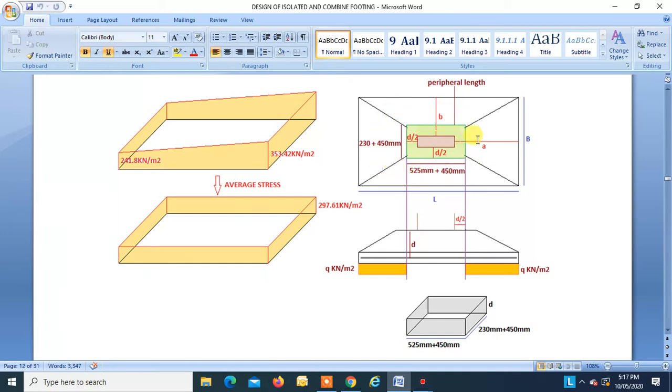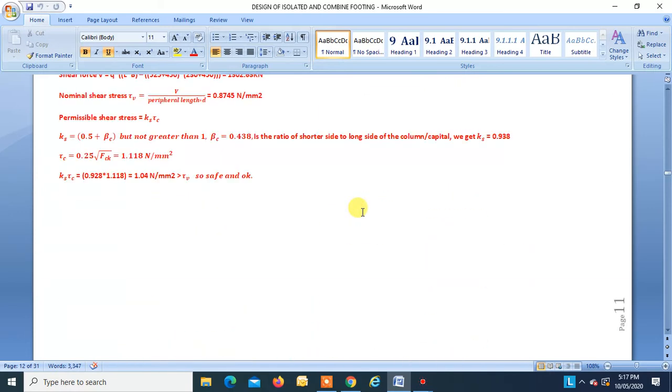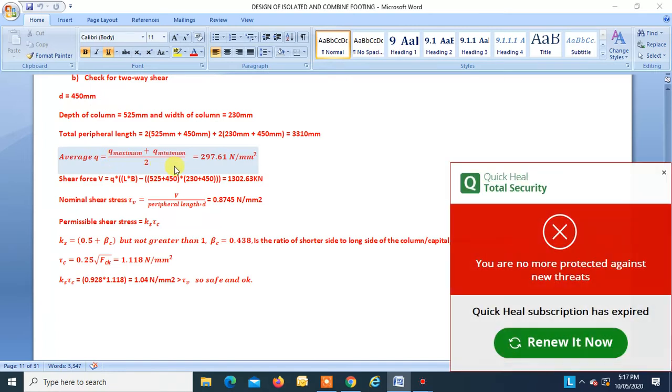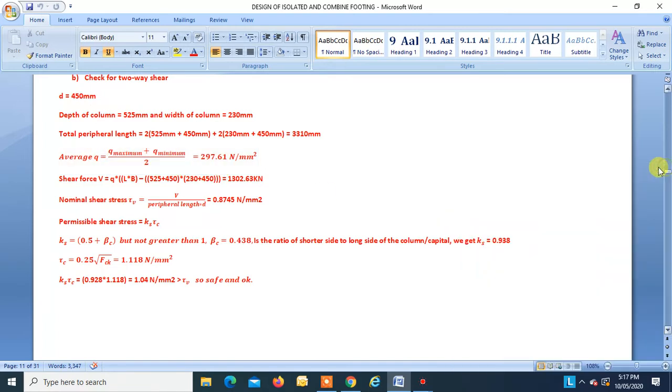That area into this will give you the shear force. You can see over here, first we have found Q average, that is 297.61. Now shear force V is Q average into area of footing minus area of peripheral area.